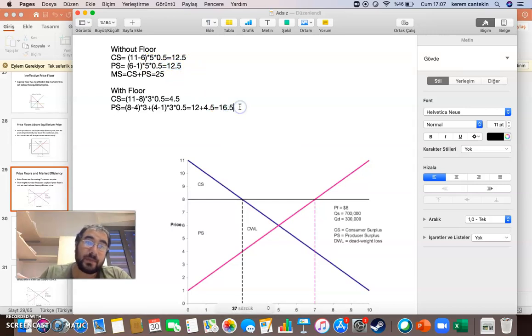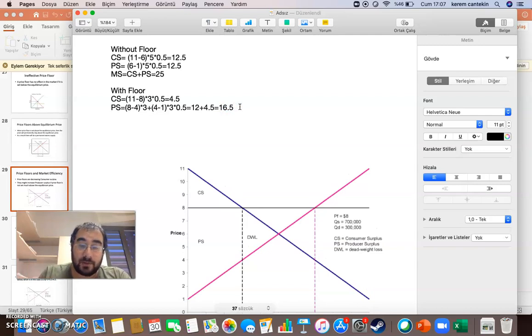Okay. Now, market surplus is CS plus PS, which is equal to 4.5 plus 16.5, which is equal to 21, less.